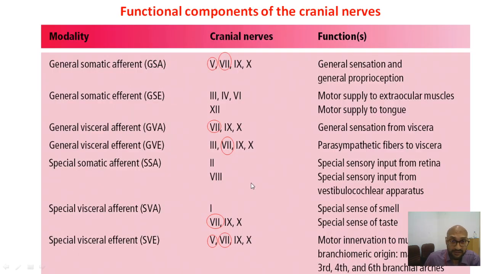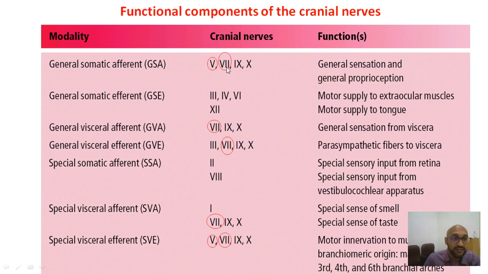So this table is just summarizing which nerves contain which columns. So you can see there are 7 columns, and these are giving you the cranial nerves to which they are contributing. And you can see that I have encircled all those columns in which we can see the 5th and the 7th nerves, which is related to today's lecture.